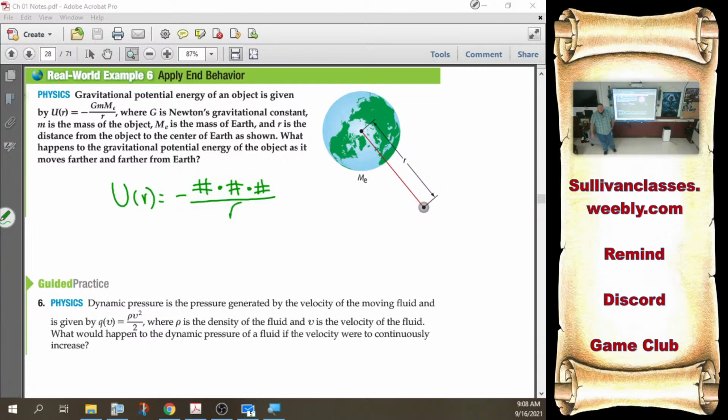And R is the radius. The radius is actually changing. So here's the deal. A number times a number times a number is just a number. It's some constant.